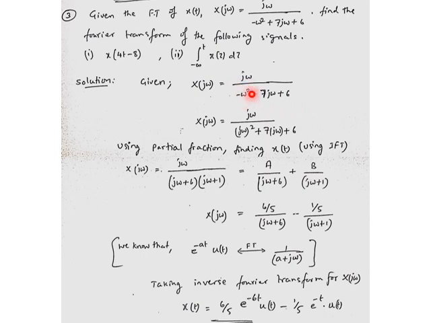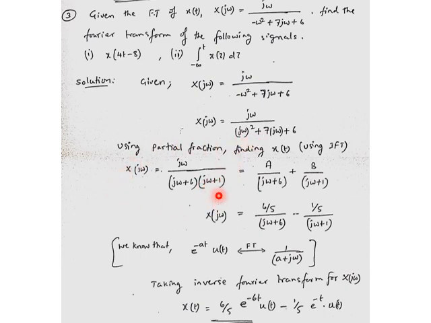So I'll write −ω² as −1 into ω². Since j² is −1, j² ω² I can write as (jω)², plus 7 into jω plus 6, and in the numerator we have jω. In the denominator I can split it into two terms: X(jω) = jω / ((jω + 6)(jω + 1)). It will yield this term.